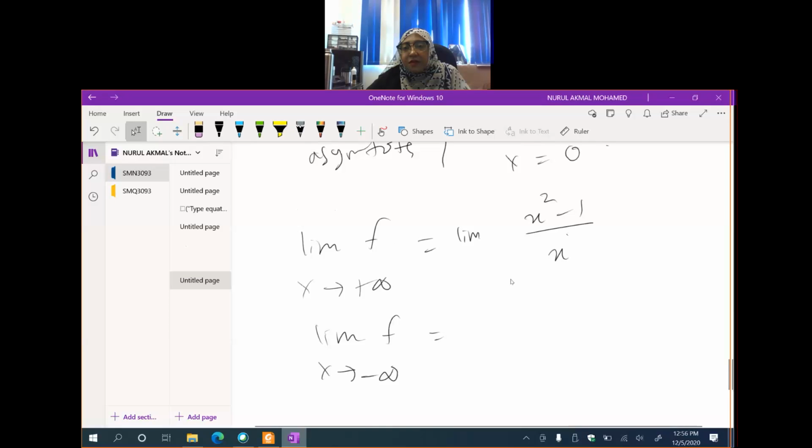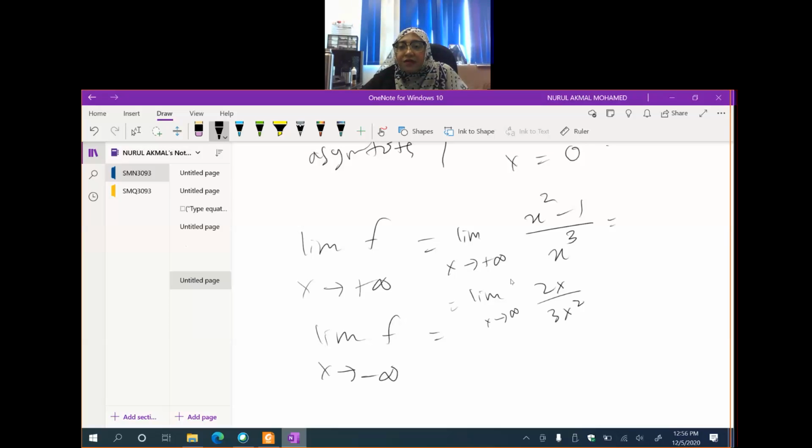X cubed. Okay. So infinity over infinity, we use L'Hopital rule. From the L'Hopital rule, it will be 2x divided by 3x squared.